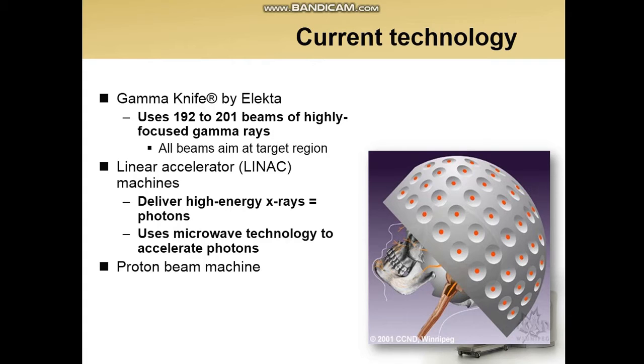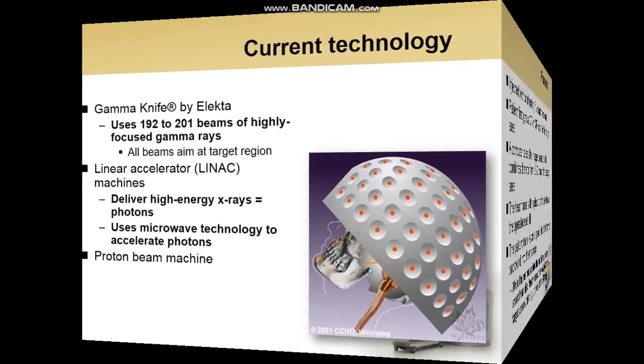Although each beam has very little effect on the brain tissue it passes through, a strong dose of radiation is delivered to the place where all the beams meet. The precision of brain stereotactic radiosurgery results in minimal radiation delivery to healthy tissues surrounding the target.